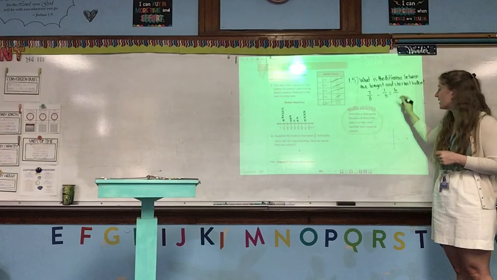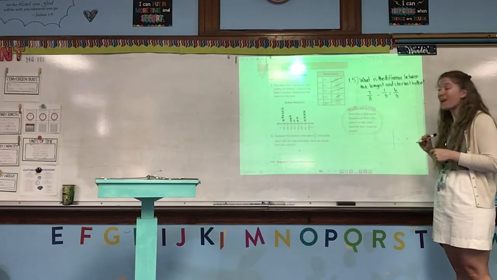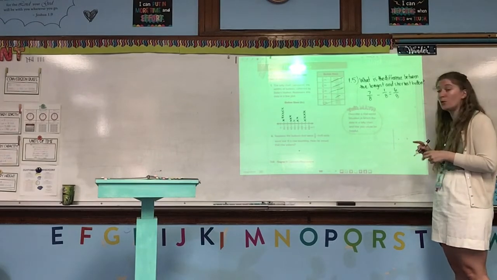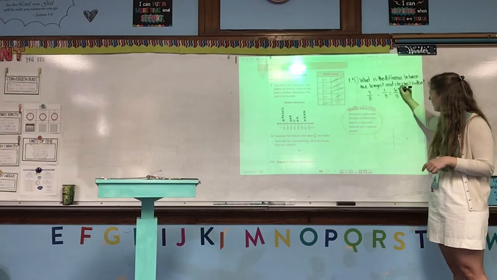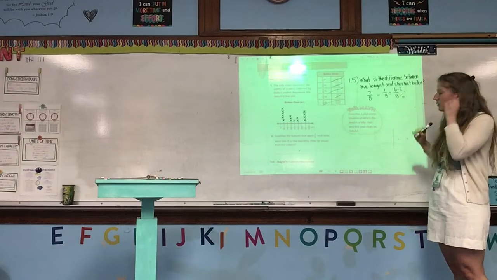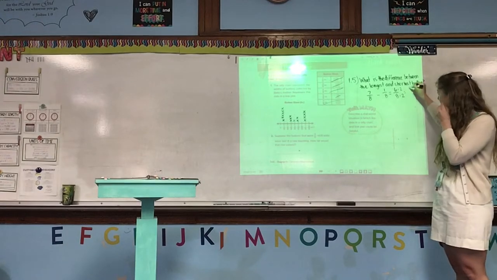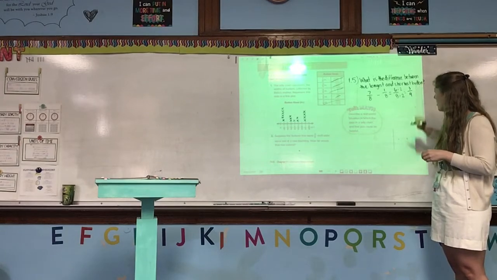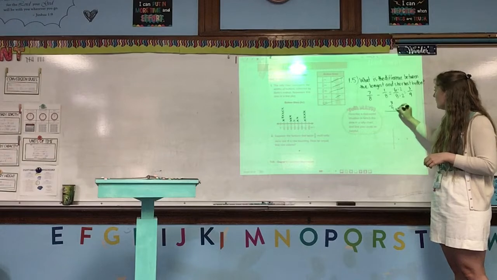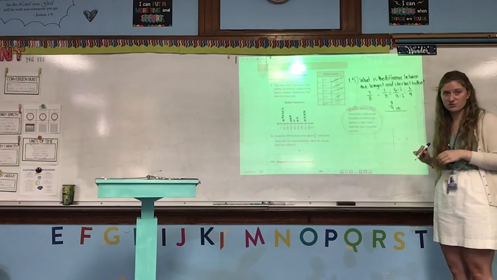Step 2, denominators stay the same. Step 3, check for simplest form. 6/8 is not in simplest form, so I'm going to divide the numerator and denominator by the greatest common factor, which is 2. 6 divided by 2 is 3. 8 divided by 2 is 4. So that means the answer is 3/4 of an inch.